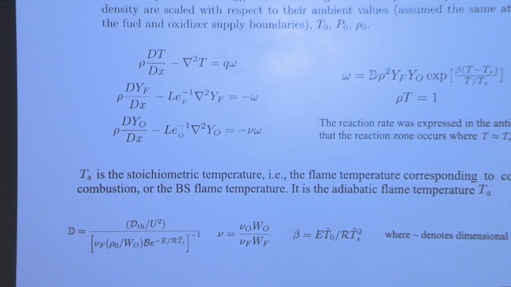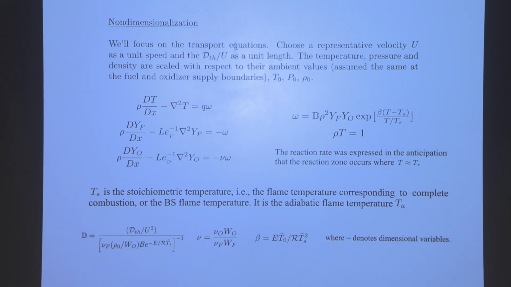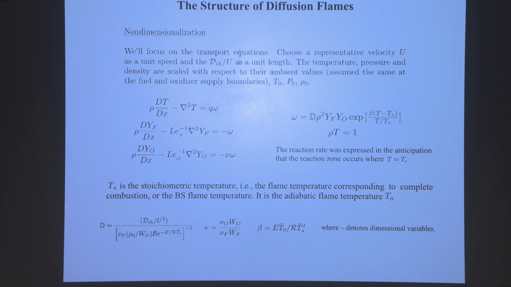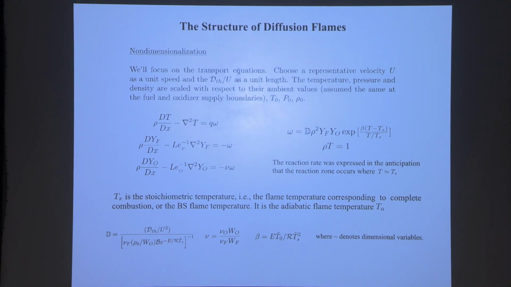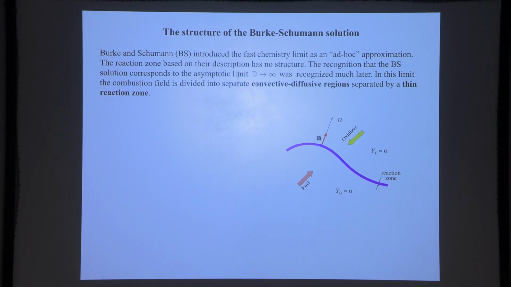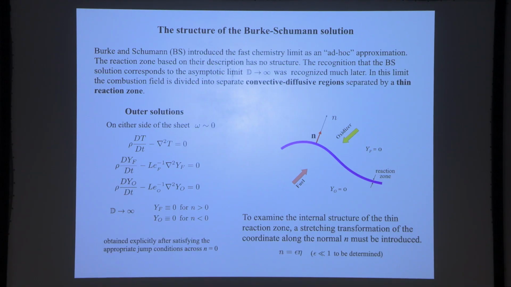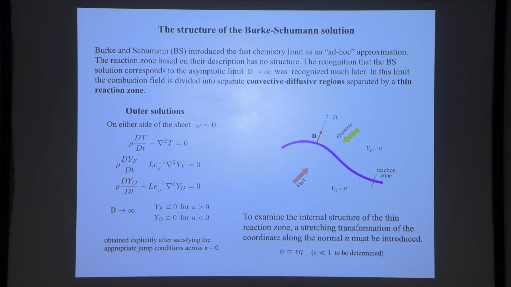And what at the end I showed you is that those jump relations give you some discontinuities in slopes across the reaction zone, but there is an appropriate structure which we derived by stretching the coordinate in the normal direction to the reaction sheet.